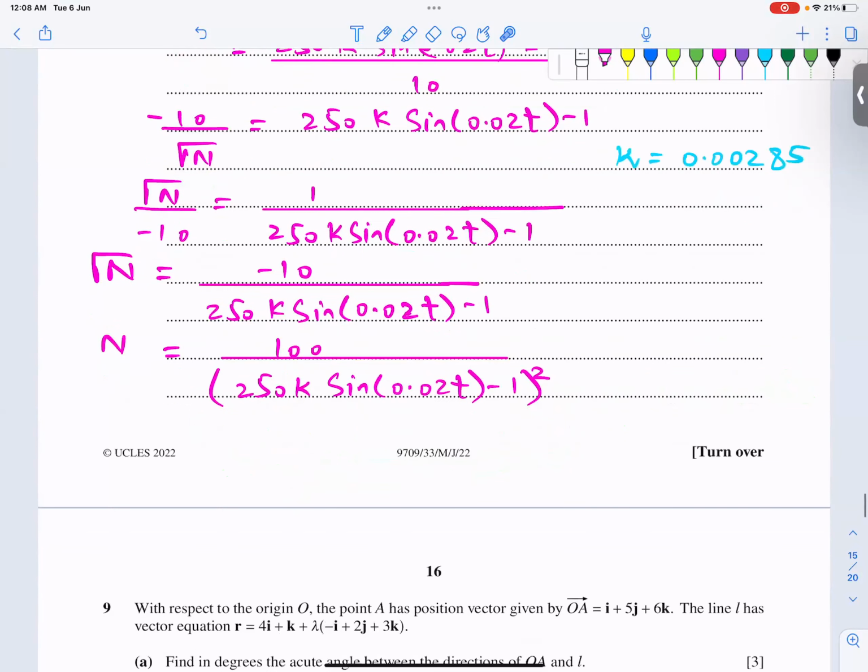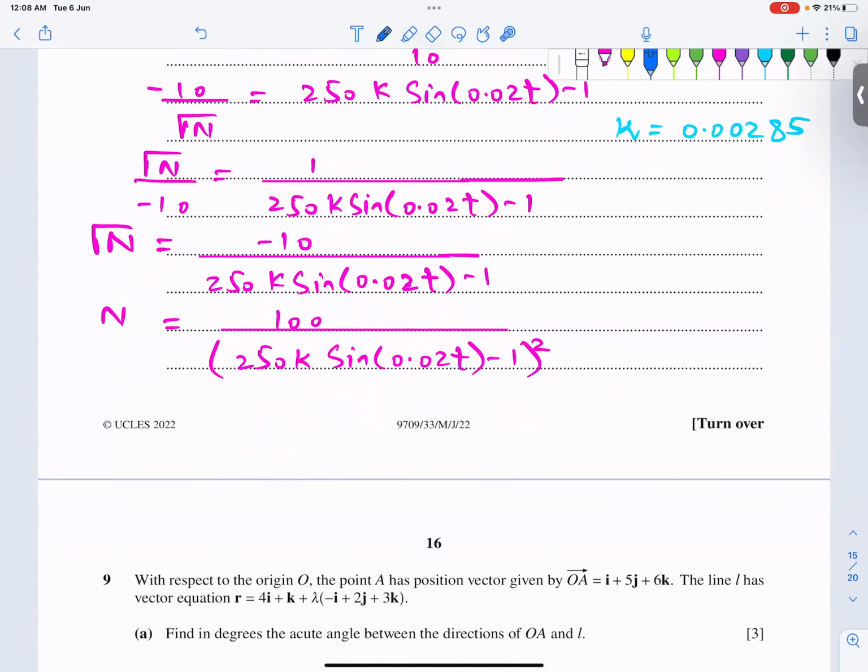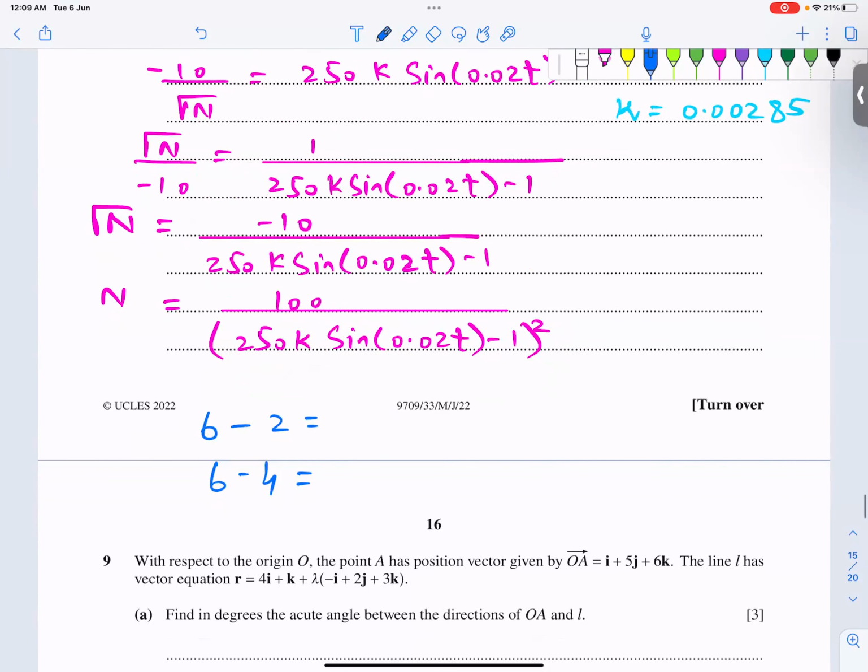Now, to make the denominator smallest, let's suppose I ask you whether 6 minus 2 is smaller or 6 minus 4 is smaller. You will definitely say that, sir, 6 minus 4 is smaller, because the thing which is subtracted from 6 is greatest.